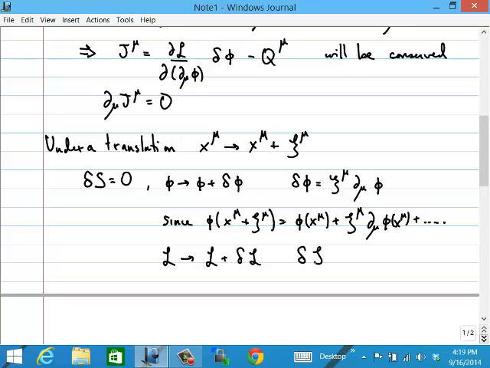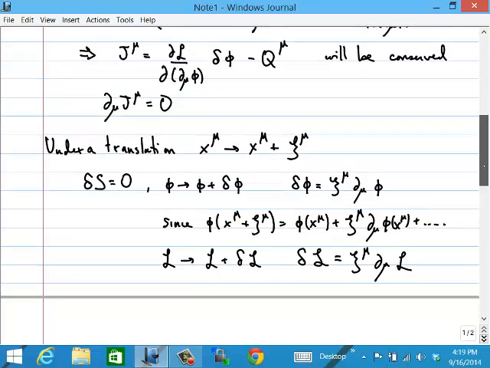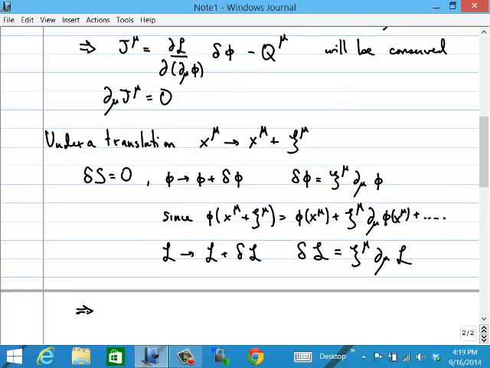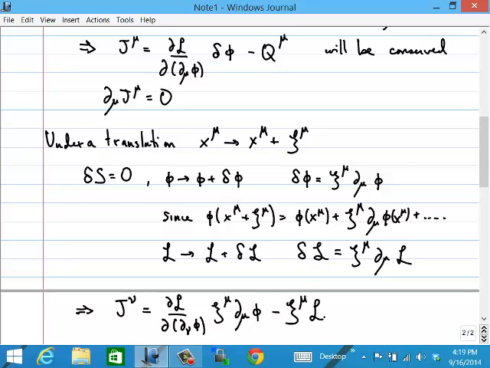In particular, delta L is equal to zeta mu d mu of L. So plugging this in to our formula, we see that we have the following conserved quantity, the following vector, j nu, which is the derivative of the Lagrangian with respect to d nu phi, times the variation of phi, which is zeta mu d mu phi, minus q mu, which in this case is zeta mu times L, is going to be conserved.